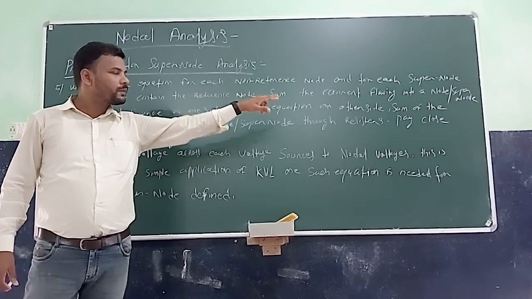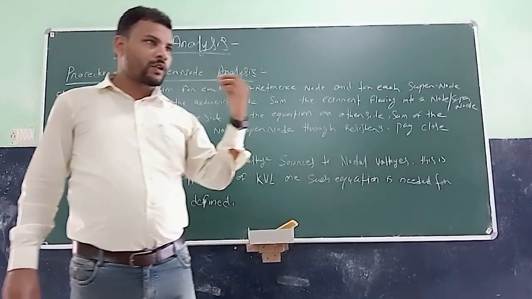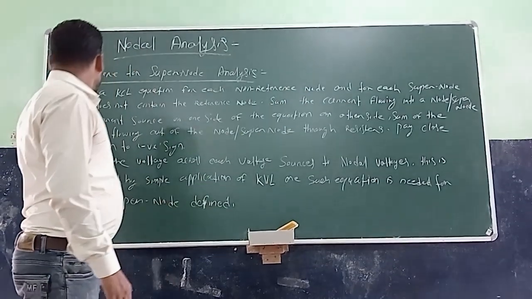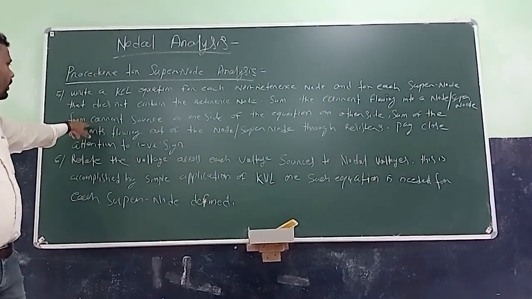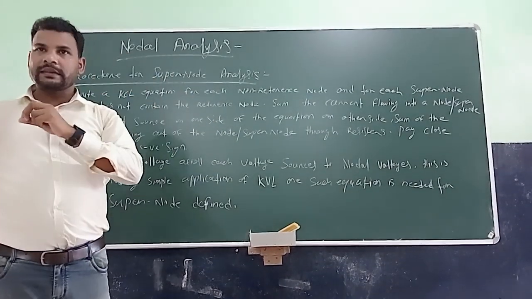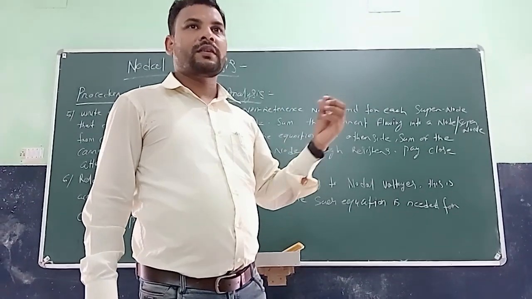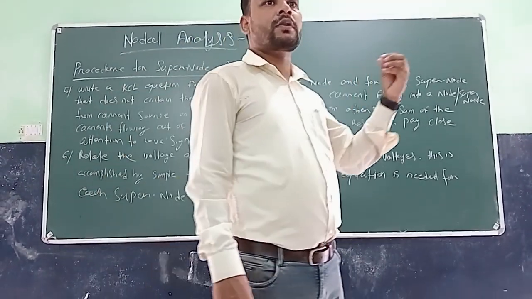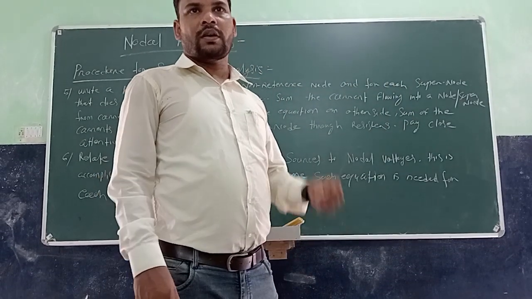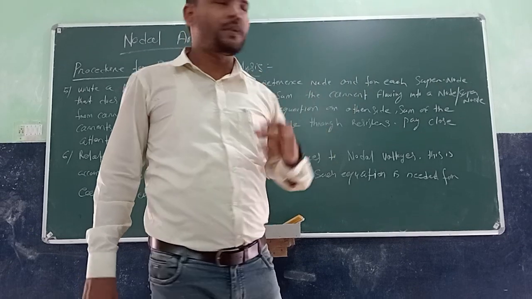The sum of the currents going into the non-reference node or supernode from current sources is written on one side, and the other currents leaving or flowing out from the node are written on the other side of the equation.